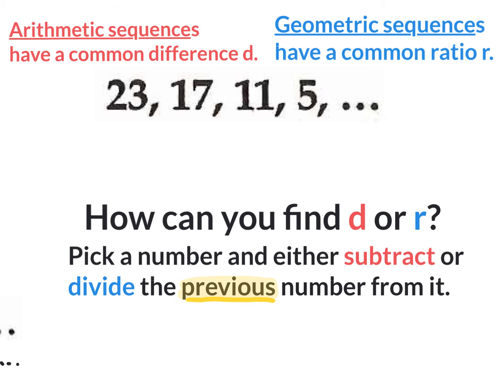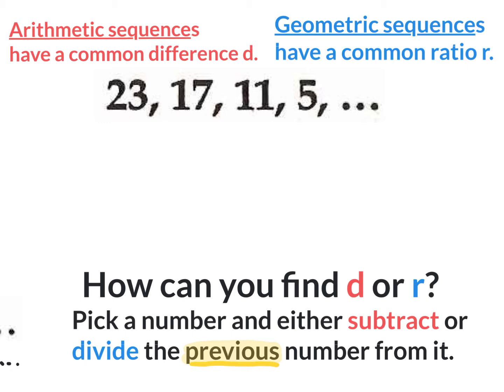I'm pausing right now. So again, if we want to check to see if it's arithmetic, we're going to pick a number. I want to pick 5. Let's all write down 5. And I'm going to subtract the previous number from it. That's why previous is highlighted in yellow down here. You don't do 23 take away 17. That's wrong. You go 5 take away 11.